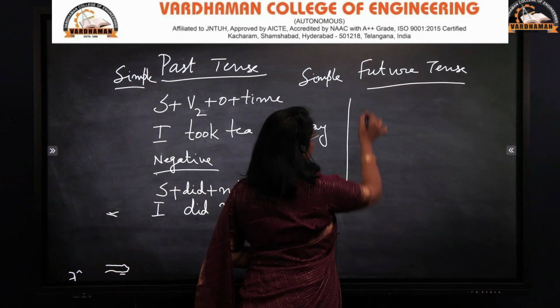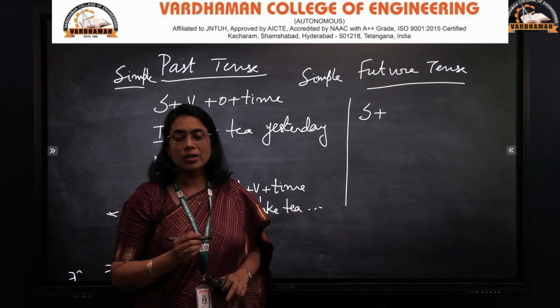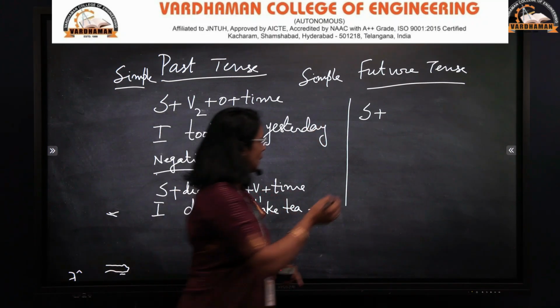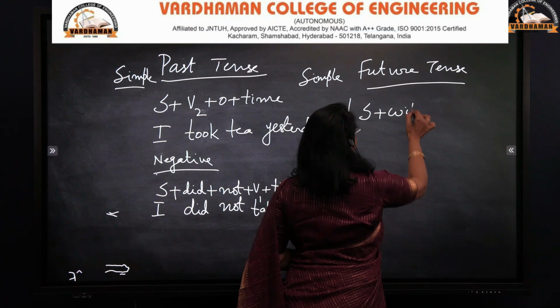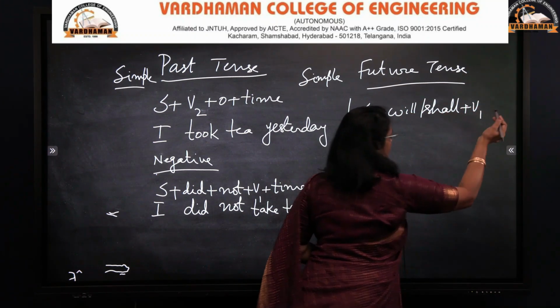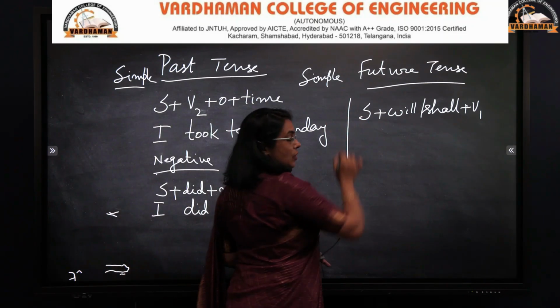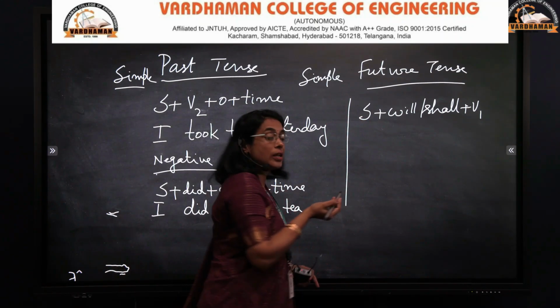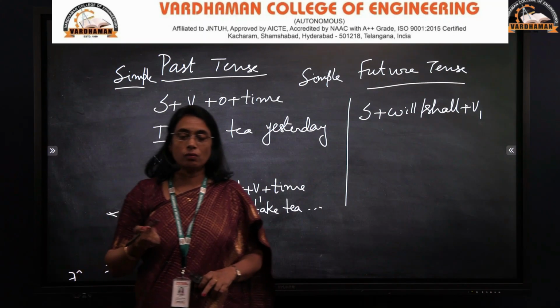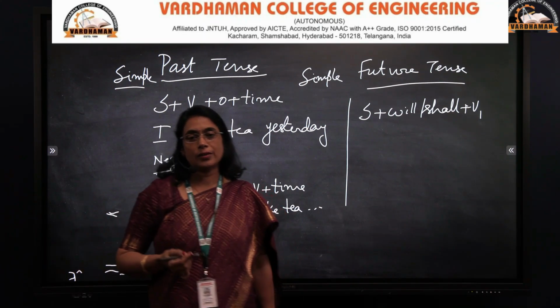So here for positive sentences, subject is followed by the modal auxiliary will or shall, plus V1. If you want to take an object, you can take an object. Okay. So this is the structure for positive sentences. This is generally used for future actions. With time indication or without time indication also, you can use future tense.